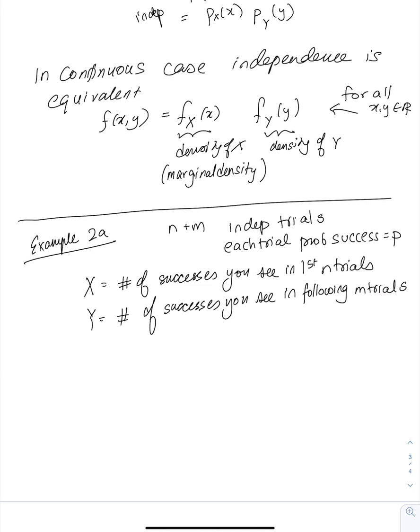Okay. And as you would have guessed, since each trial is independent of the other, you would think that x and y should be independent, where you're counting the number of successes.